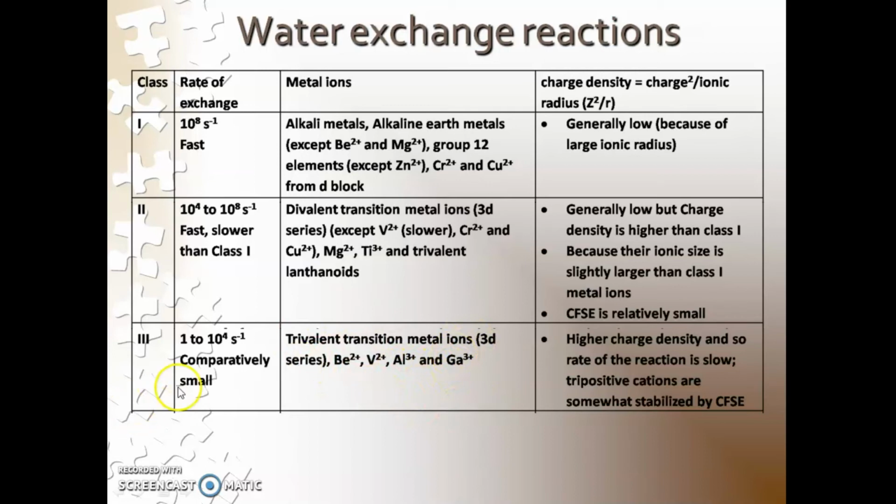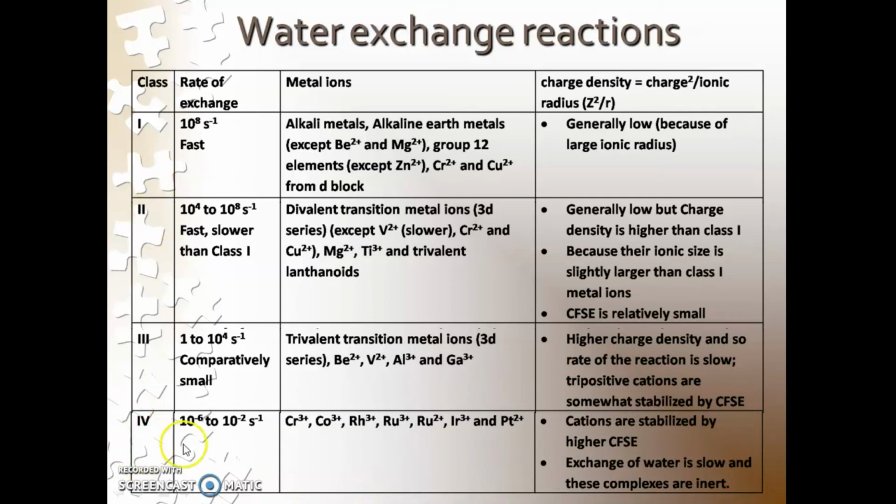So all these metal ions show a comparatively smaller rate of exchange, which means that their exchange rate is very low, or the reaction is slower. Why is the reaction slow? Because of higher charge density for these metal ions, because we also see that they are trivalent transition metal ions. So the rate of reaction is slow.